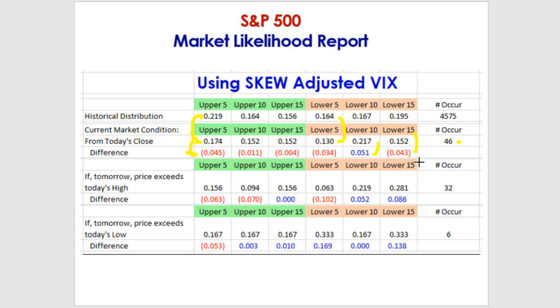However, okay, let's go look at the instances where price exceeded the previous day's high. That happened 32 times out of 45. And when you look at that, you could see that roughly, well, this is a wash. But you have 3 of the bands getting struck less often, 2 of them more often, and 1 of them the same. 6 times the market went down and went beyond the previous day's low, Friday's low in this case.